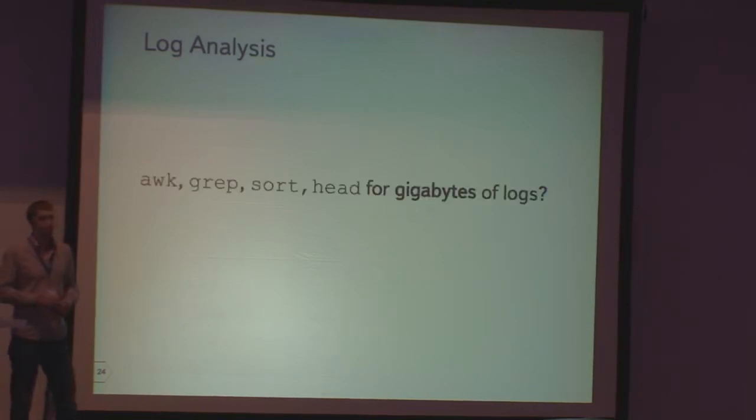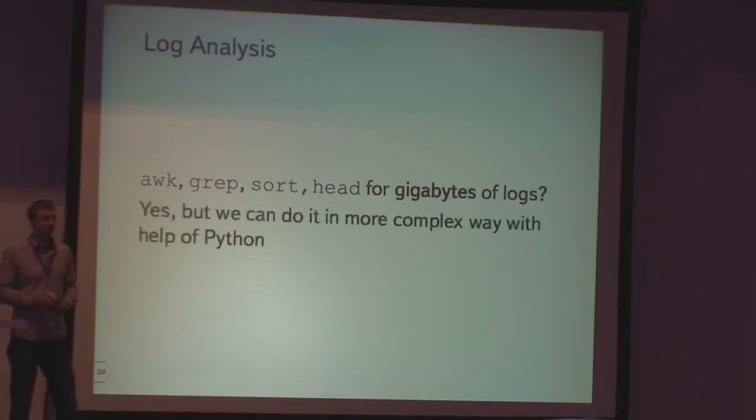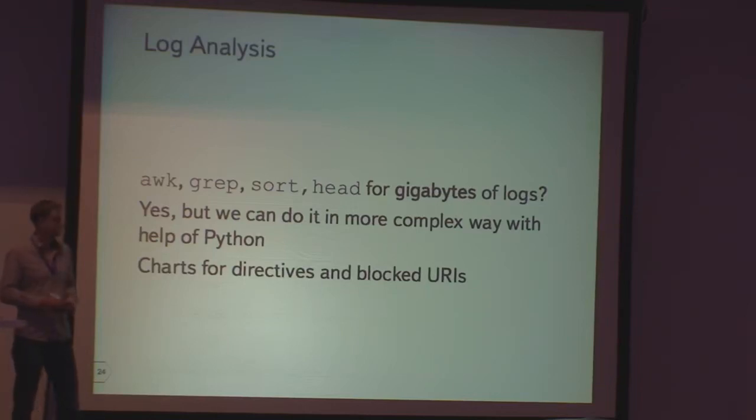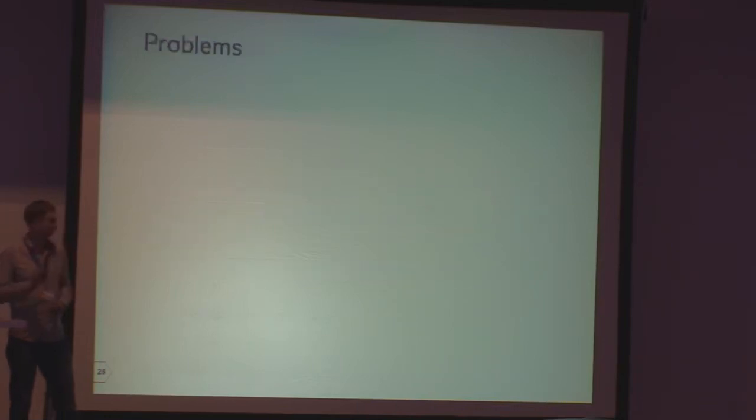At first, of course, we tried to analyze these gigabytes with well-known Unix tools: grep, sort, head, awk, and so on. You know, it works, but not really well. After that, we tried to add some Python and get some charts and lists of, for example, the top 10 blocked URIs, and we had fun understanding what it is.